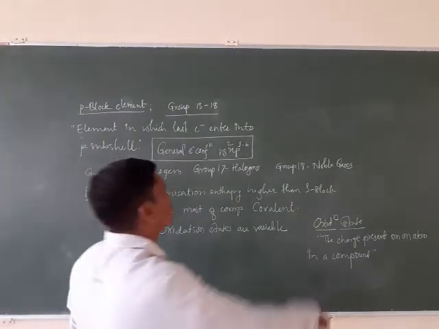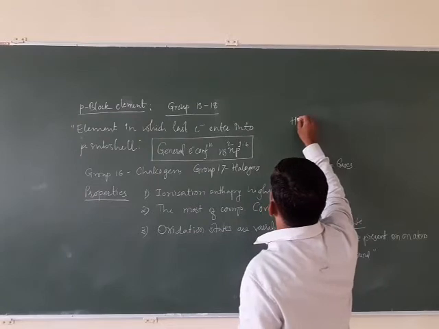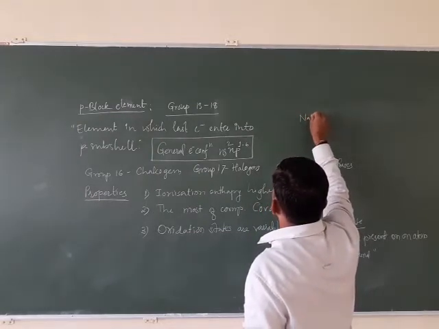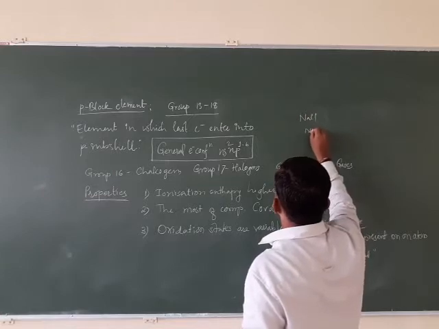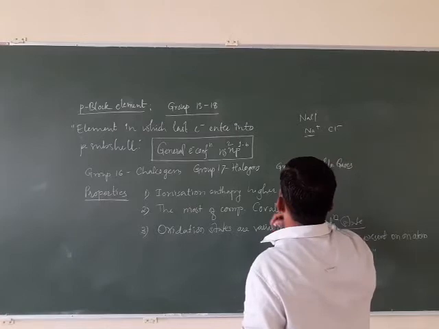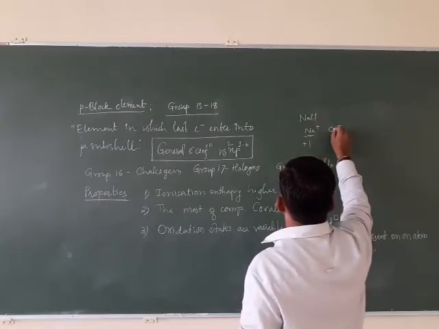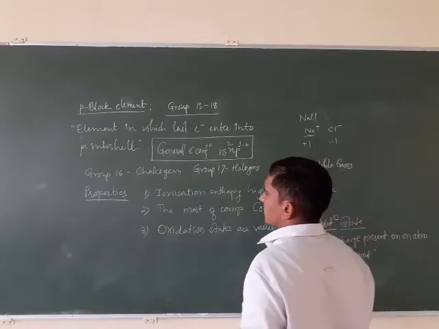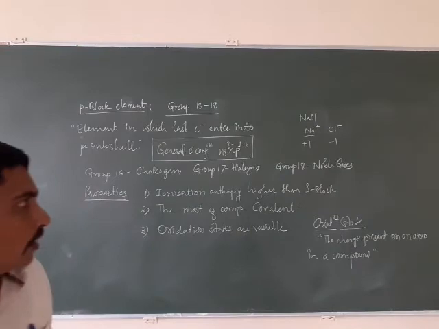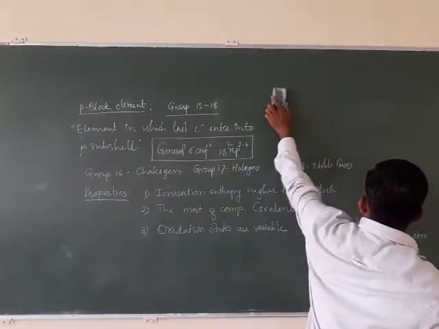For example, NaCl. Na has a plus charge, Cl has a minus charge. So in this compound, the oxidation state of Na is +1 and that of chlorine is -1. Whatever charge is present on the atom in a compound is called oxidation state or oxidation number.